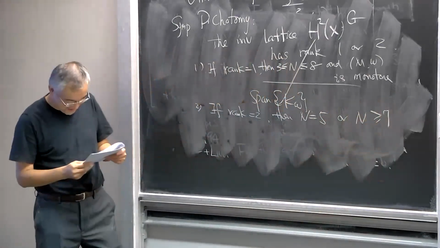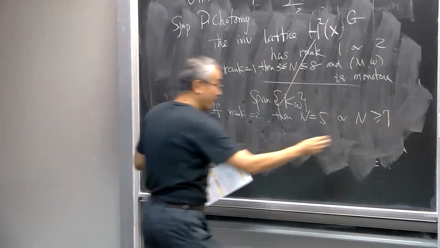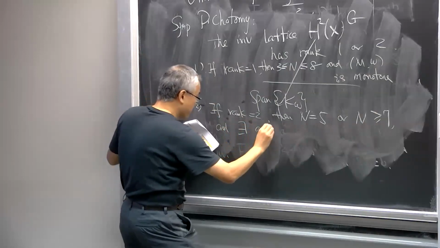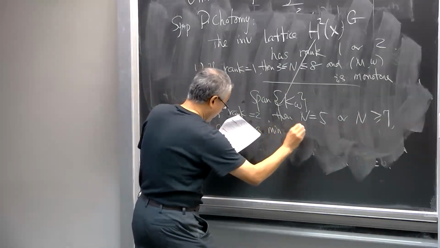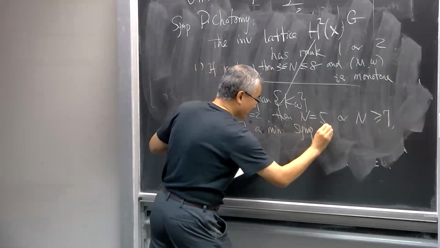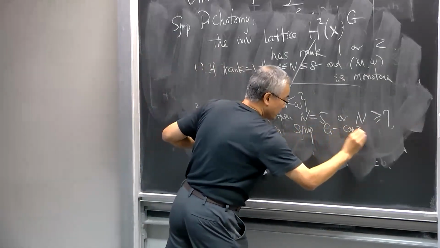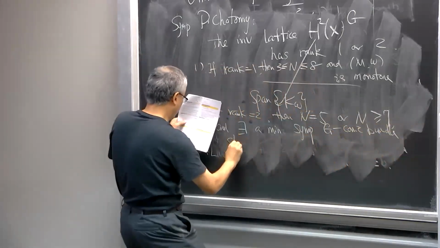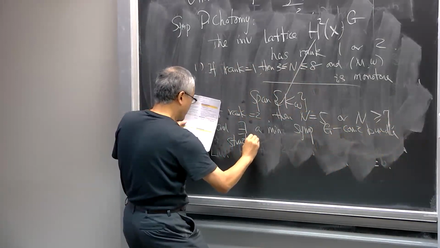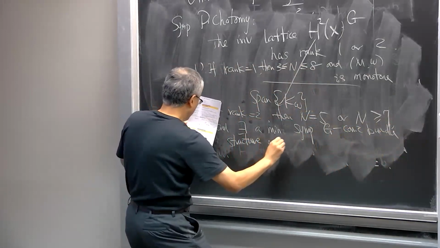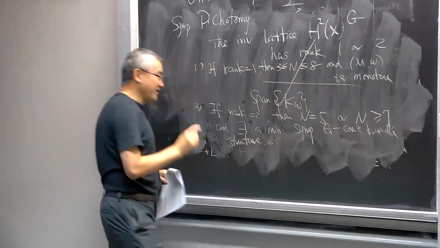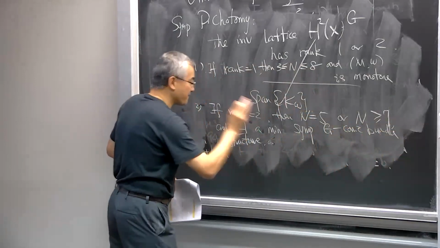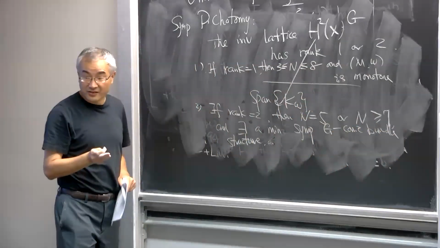And there exists a minimal symplectic G-conic bundle structure. And in this case, not surprisingly, the invariant lattice is the span of the fiber class and the canonical class.